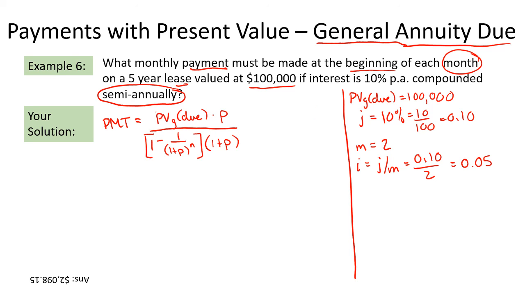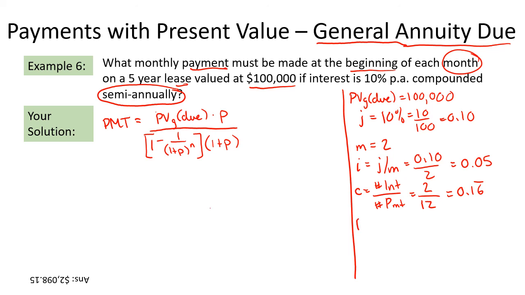Next, we have our ratio C, and that's the number of interest payment periods divided by the number of payment periods. So interest is semi-annually, that's 2, and our payment periods are at the beginning of each month, so that's 12. So 2 divided by 12 gives you 0.16, again, as a repeating decimal, which would be 0.1666, and the 6's would continue forever.